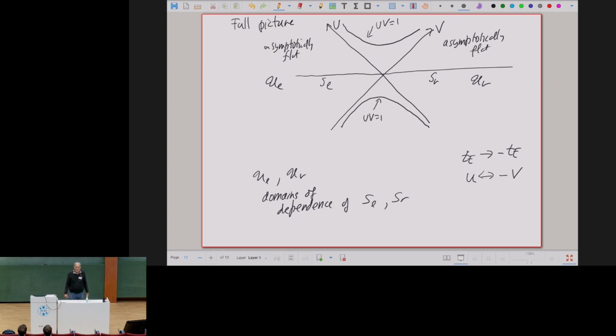And you can see that the outside the horizon regions that I've called UL and UR are now the domains of dependence of SL and SR. So we can reinterpret what I called rho L and rho R as the density matrices for UL and UR.